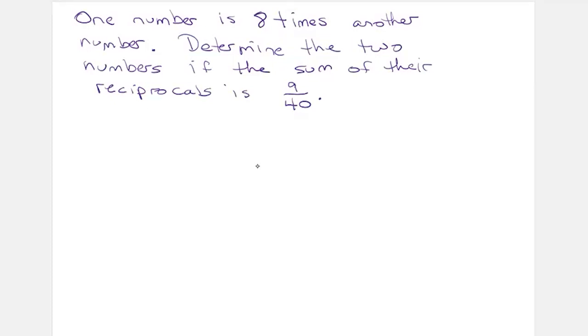So let's see if we can figure out what this means. We have two different numbers. Let's call one number X and one number Y. I don't care, it doesn't matter this time.